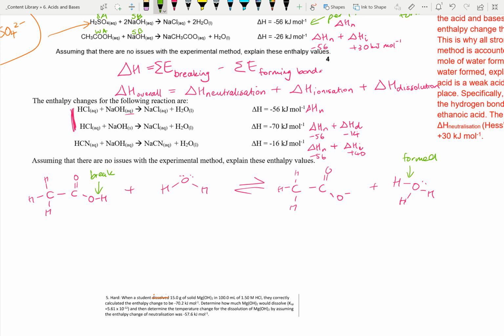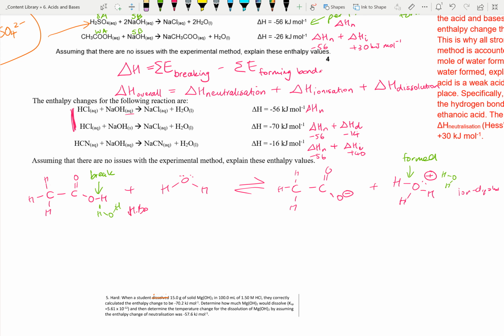Automatically, there's an enthalpy change associated with that. There's probably more to it that you can go dive into. You've got water. They're dissolved, right? So you've got water that's interacting with this. This is going to be hydrogen bonds. You've got water over here interacting with this as well. Because that's an ion and that's an ion, this is going to be ion dipoles, and this is going to be just hydrogen bonds, H bonds.